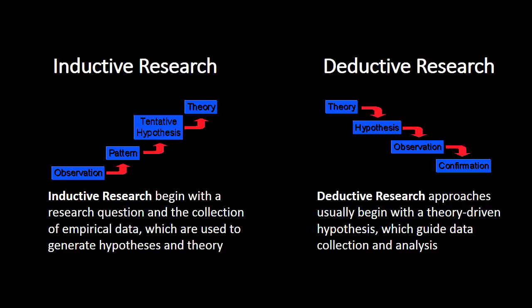Now that differs from deductive research, in which you begin by reviewing a particular social theory, and based on that theory, you form a hypothesis, which you then test with empirical data, and either confirm or refute that hypothesis based on your analysis of that data. So deductive research approaches begin with a theory-driven hypothesis.